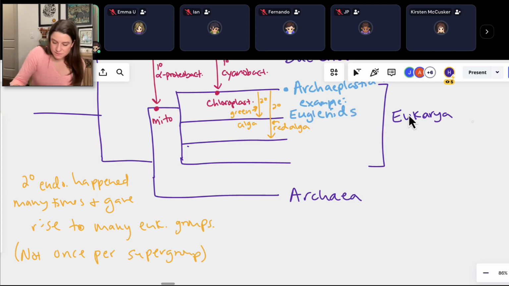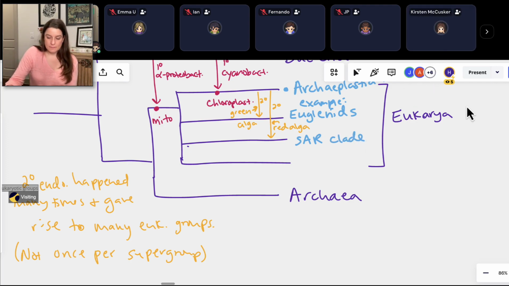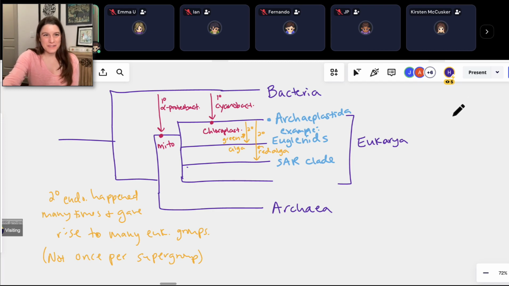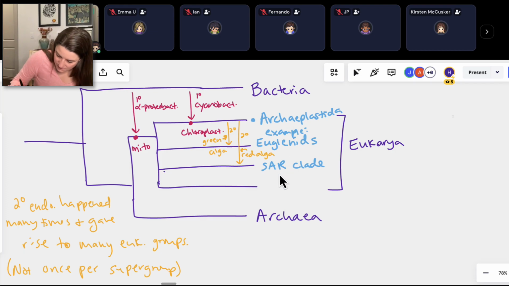Another time that this happened was a number of times in the SAR clade. That was all with red algae. And then the primary endosymbiosis in that one special group, we're not worrying about that. And the chlorarachniophytes are in the SAR clade too. For example, diatoms had this red algae thing.